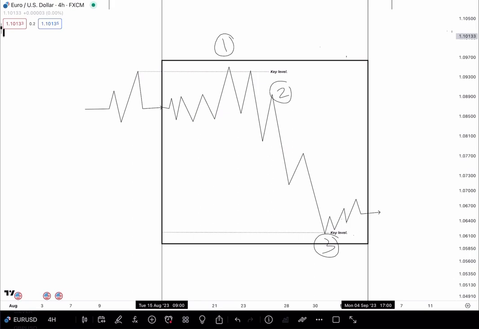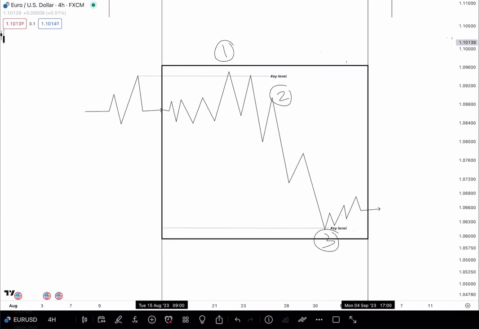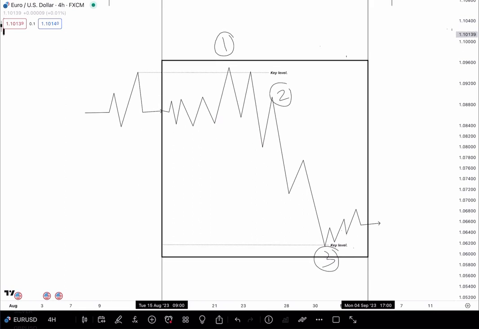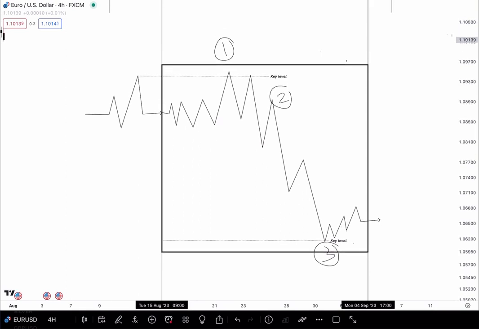But for sure, the monthly, weekly, daily, and 4 hour. You can go below, of course. You can trade the 15-minute power of 3, but if you can't even trade the weekly, then what are you doing with the 15-minute, right? So let's get right into it. Let's start with the monthly power of 3, right?